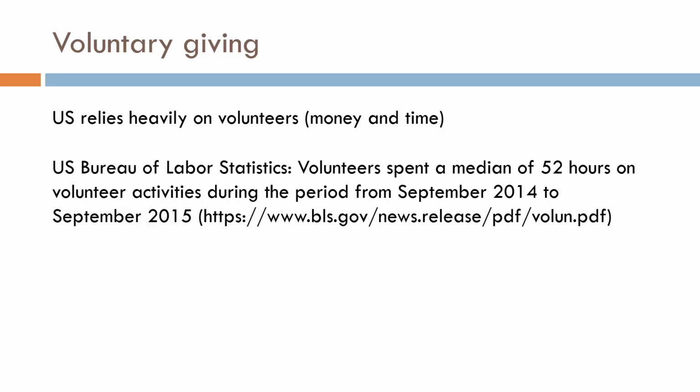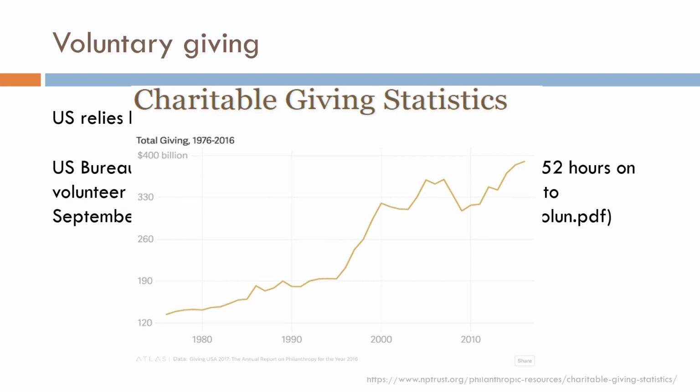I don't know about you, but that seems like a lot to me in terms of the median. And then when it comes to giving in terms of money, it seems staggering as well. So that source that I cited earlier had this nice graph. I'm sorry it's all faded. It was just from the report, where we can see from 1976 to 2016 how much charitable giving has increased in the United States.